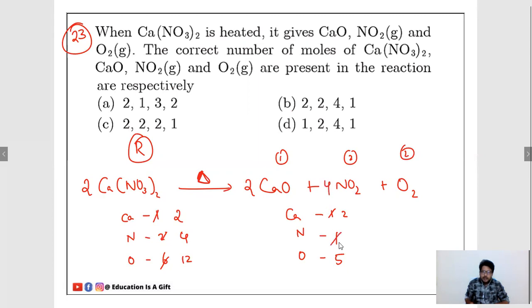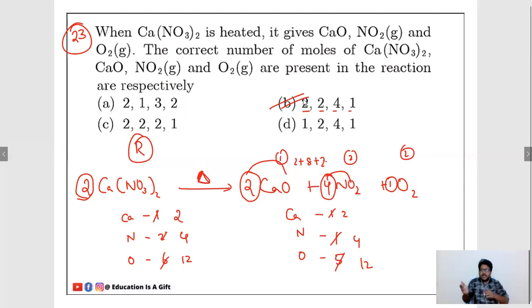Now nitrogens are 4. Oxygen count: 2 into 1, 2, plus 4 into 2, 8, plus 2, that is 12. Oxygen is becoming 12, so now it is balanced. So the answer will be 2, 2, 4, and nothing means 1. 2, 2, 4, 1. Answer is B.